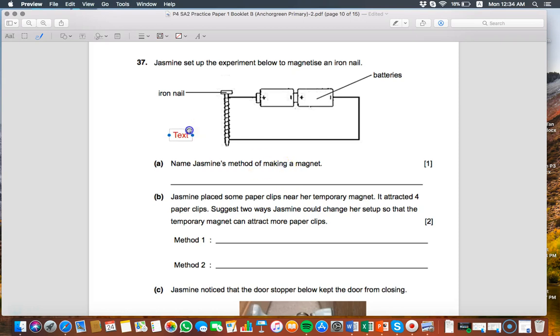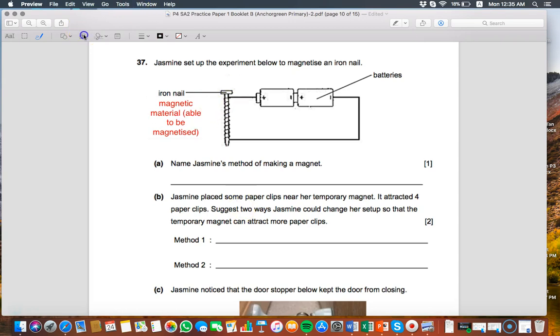Okay, so iron nail is a magnetic material, so able to be magnetized, alright, to become a magnet.